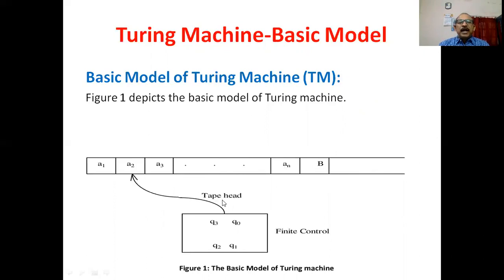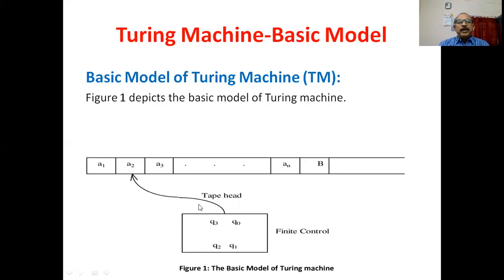Next is a tape head. Tape head points to the symbol currently read by the machine. And next is a finite control, which means the machine is in a finite number of states.